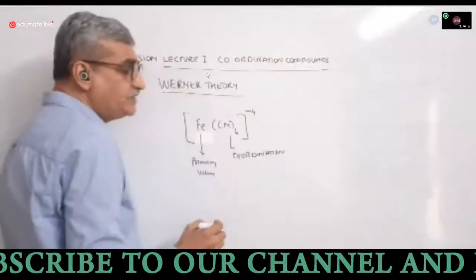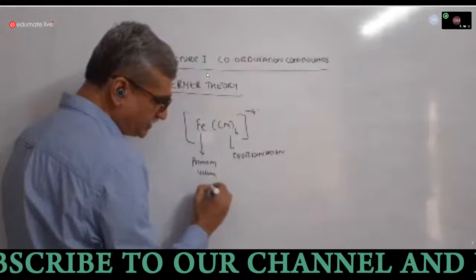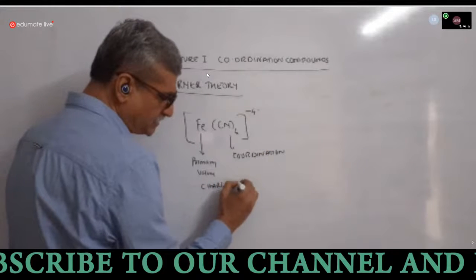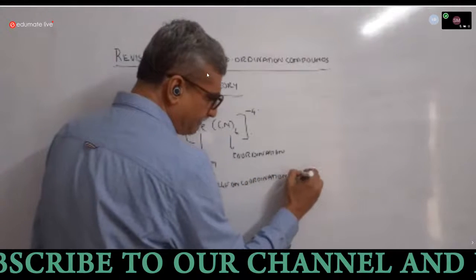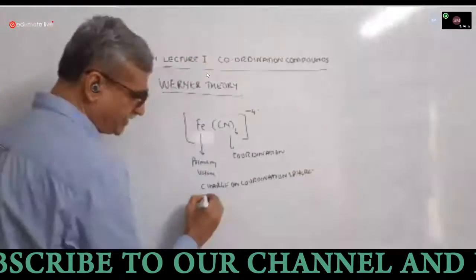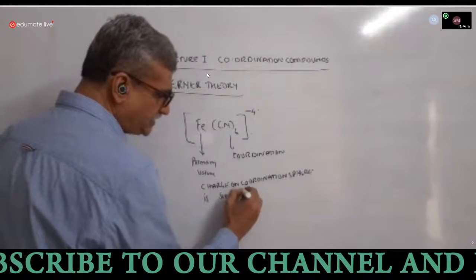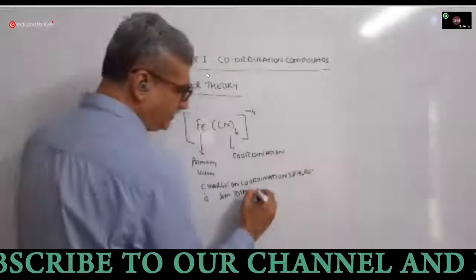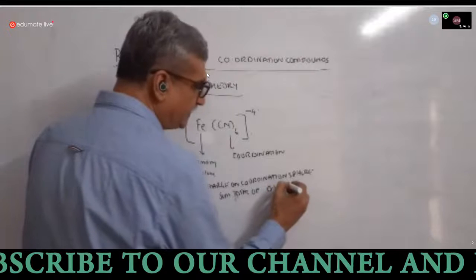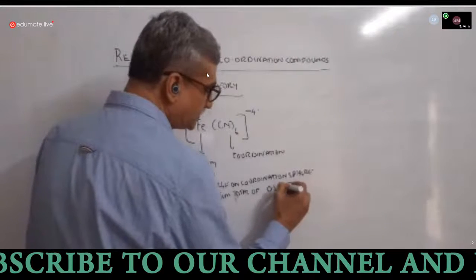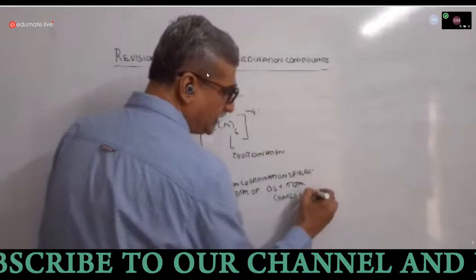This whole thing is called the coordination sphere. The charge on the coordination sphere is the sum total of the oxidation state, that is the primary valence, plus the total charge on the ligands.